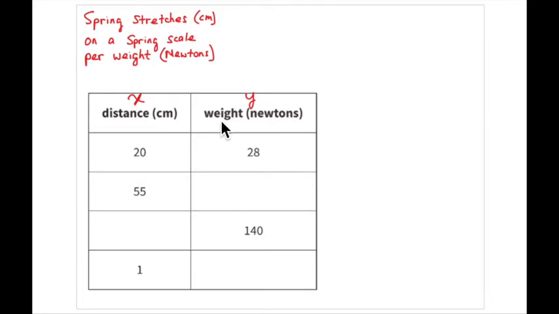If there's no weight on the scale, then that spring will stretch 0 distance, 0 centimeters. So it's a proportional relationship that goes through 0. And you're supposed to fill in the rest of this table based on that information. So first of all, what is the relationship of the weight that's on the scale to the distance that the spring stretches?